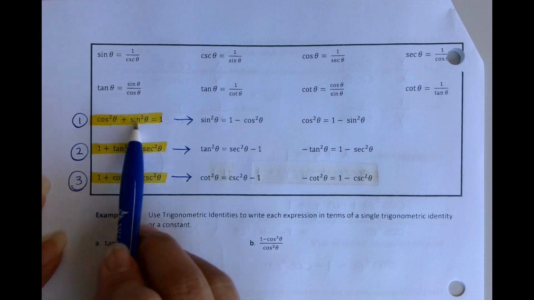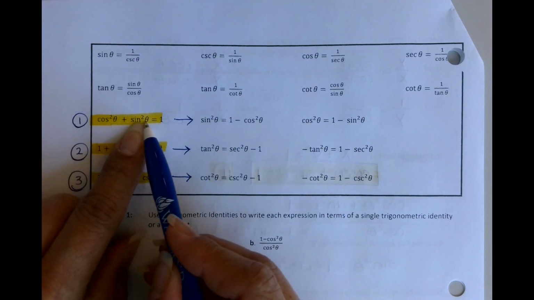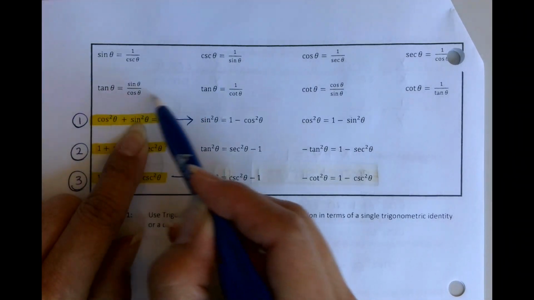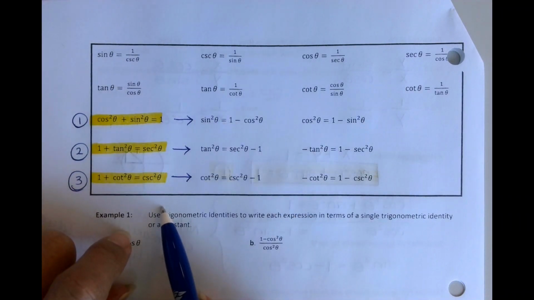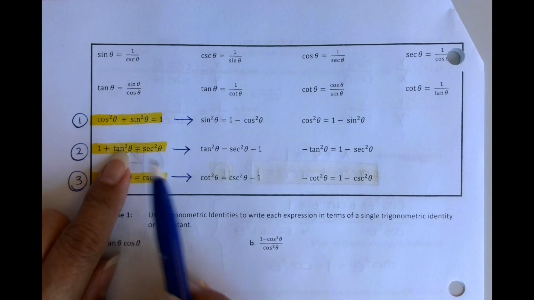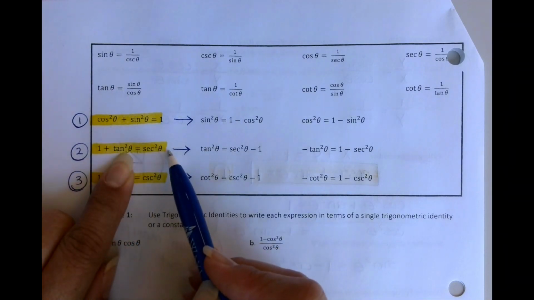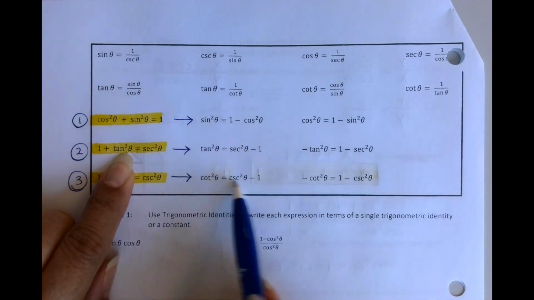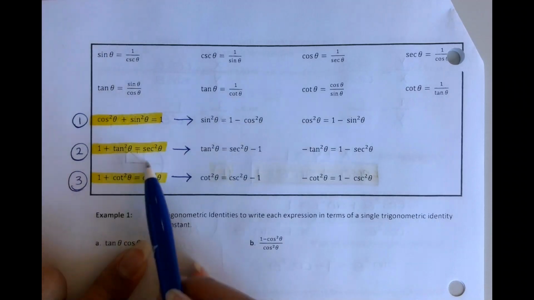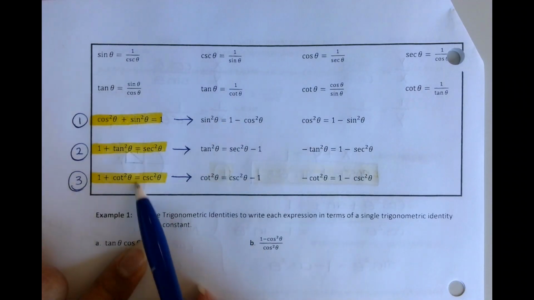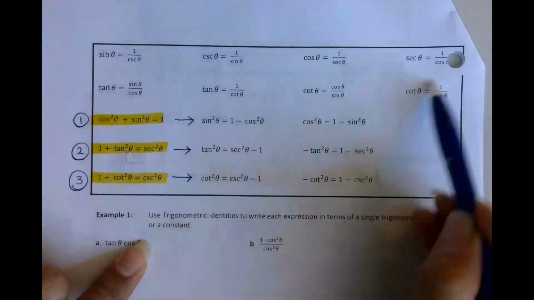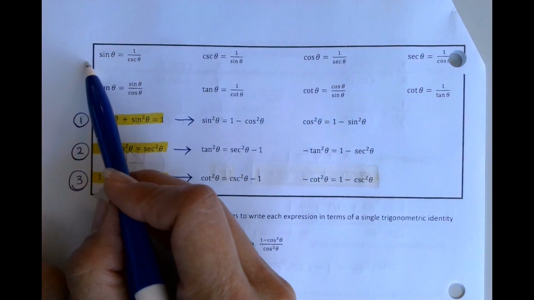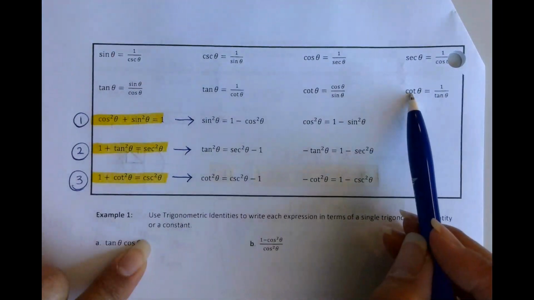So for instance, if I wanted to solve for sine squared, cosine squared went over and became negative. If I was solving for tangent squared, right here, the 1 went over, became negative 1. So these here are just the manipulated versions of these, okay? Just some examples. These right here are all the ones covered at the top of your page and at the bottom of your page, okay?